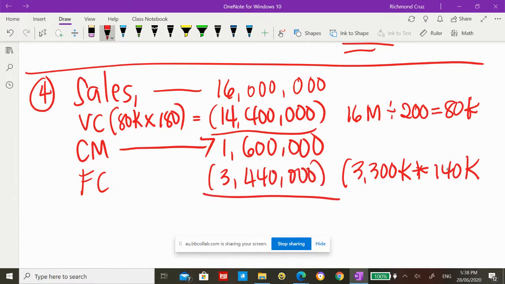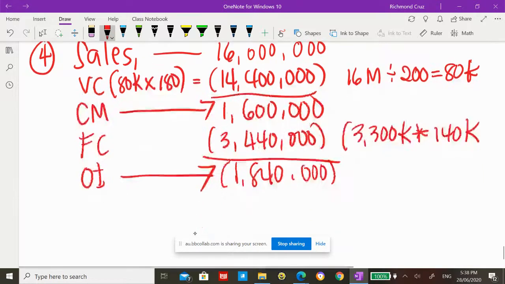If that is the case, our operating income will be a net loss. So, 1,600,000 minus 3,440,000, so it will be negative 1,840,000. So, we will have a net loss.